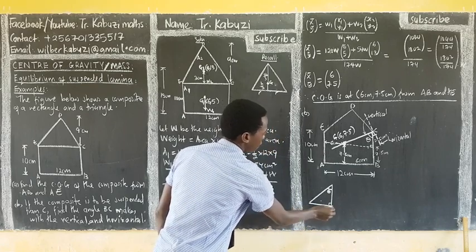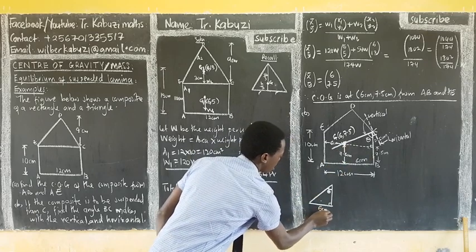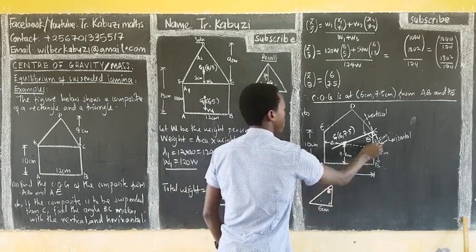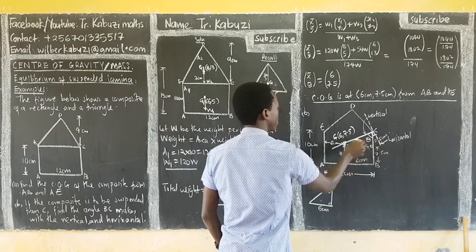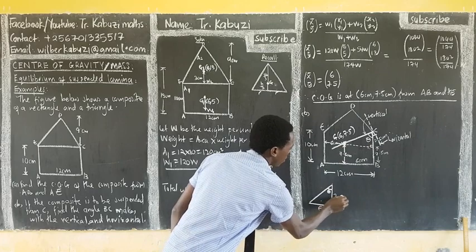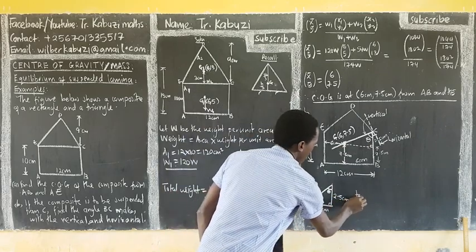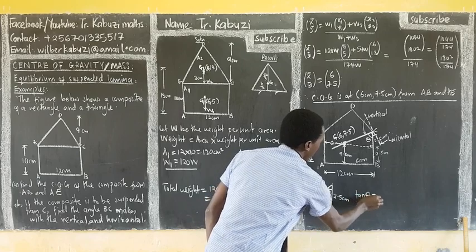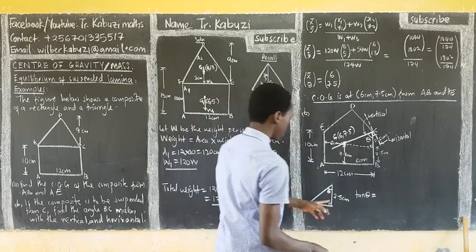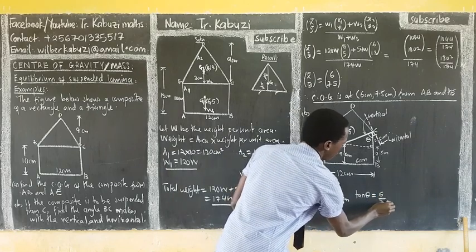From here up to here is 6 centimeters, and from here up to here is 2.5 centimeters. So we use tan theta, which is the opposite, 6, over the adjacent, 2.5.